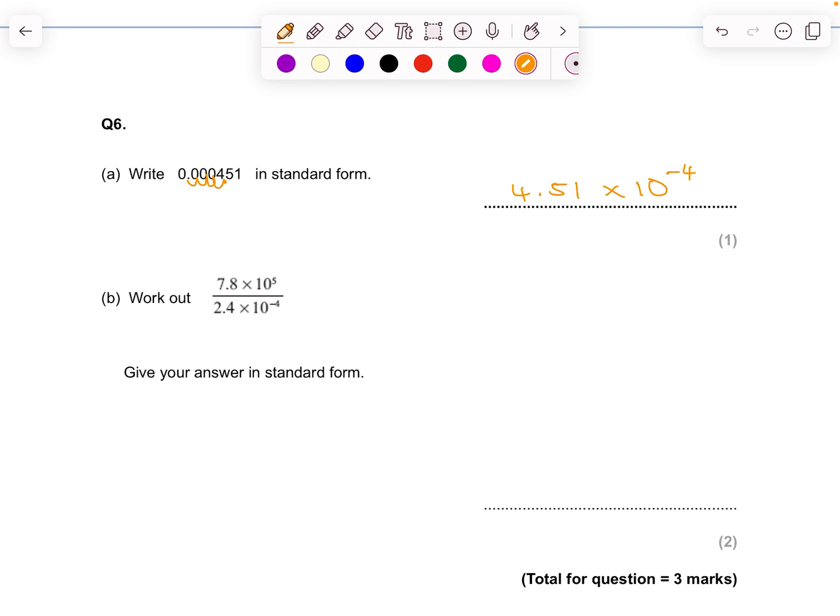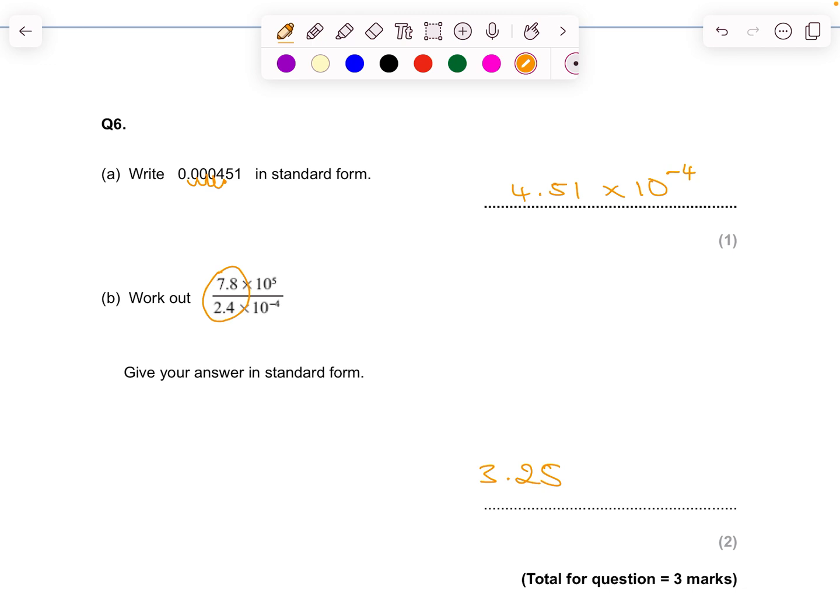Next one, B, we want to work this out. So it's nice and easy. The first bit you can do on your calculator. So you can work out what 7.8 divided by 2.4 is, which gives you 3.25. So that is a number between 1 and 10, so we don't need to do anything to it.